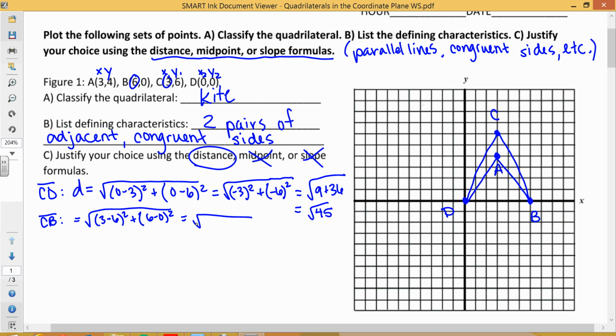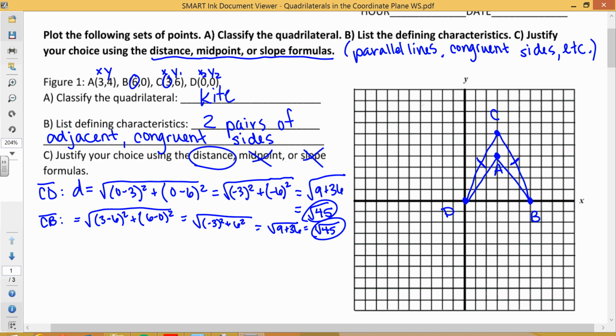And I come up with negative 3 squared plus 6 squared, which is 9 plus 36 again, which is the square root of 45. So both of those have the same distance, so those are congruent. So I'm going to go ahead and mark those on here with the tick marks to show that those two sides are in fact congruent.